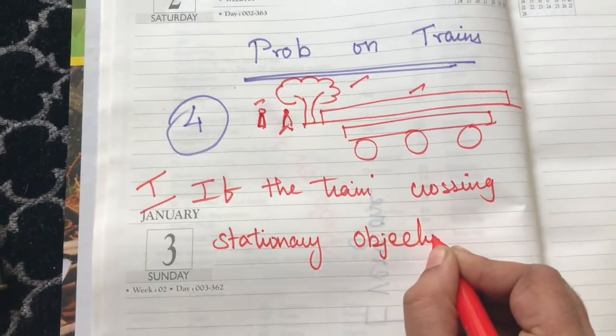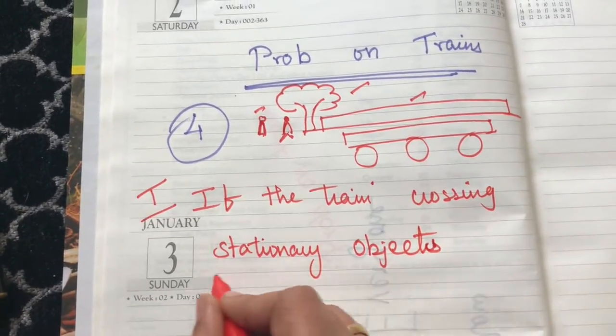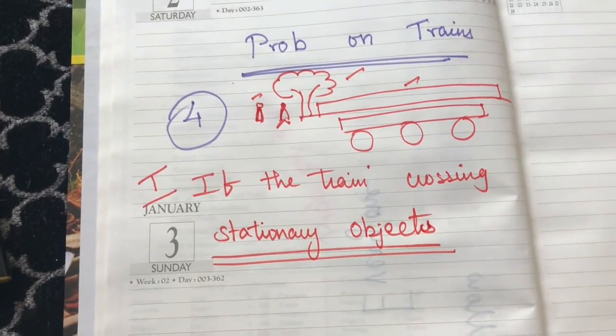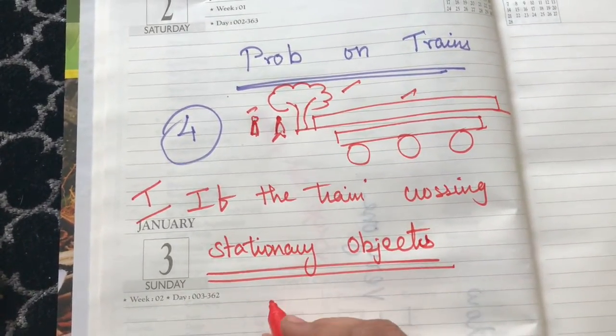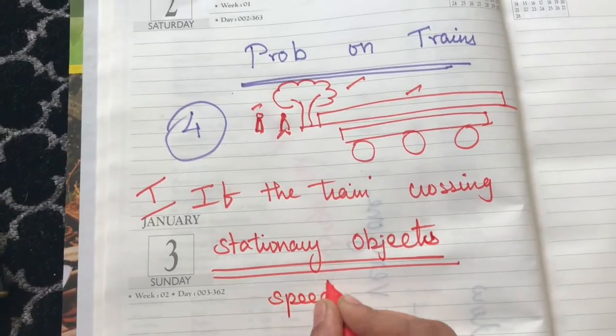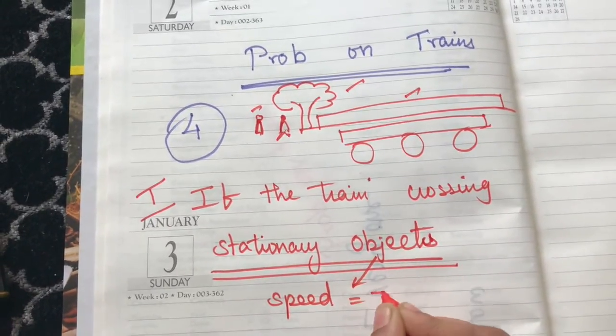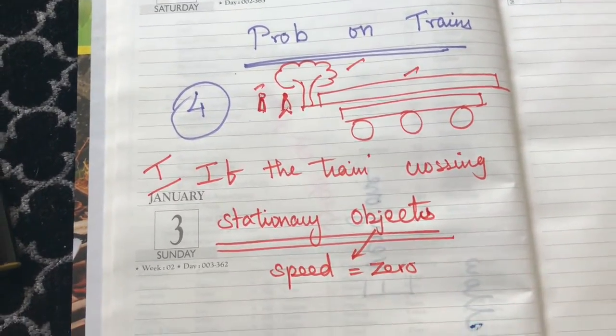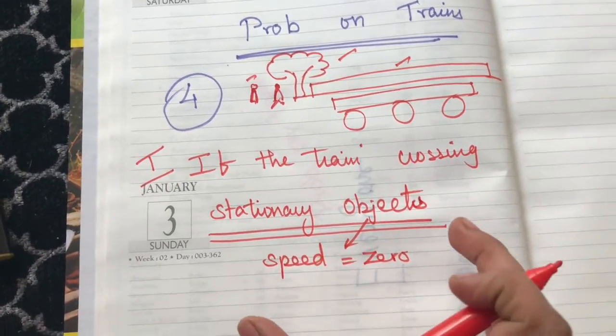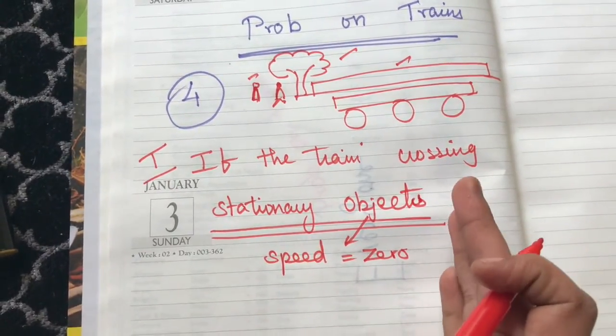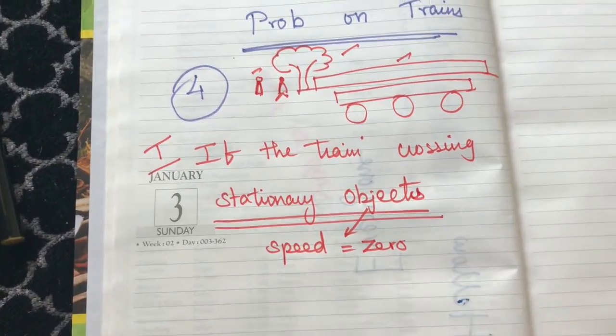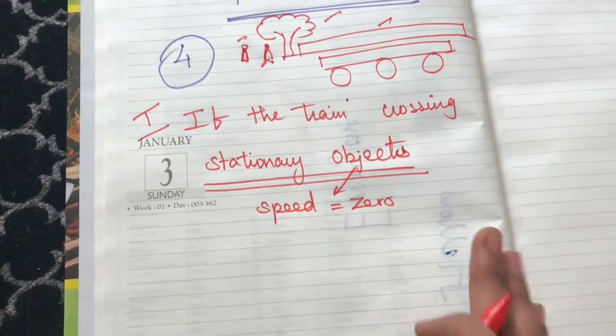What is a stationary object? It is nothing but an object whose speed is equal to 0. There is no speed. The object is at the same place. It never moves.